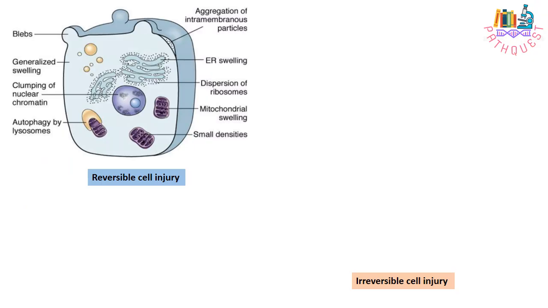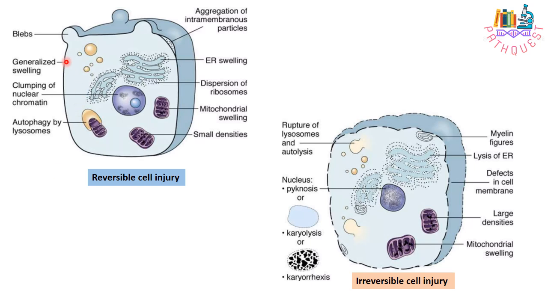Let's see what are the ultrastructural changes seen in reversible cell injury. So in reversible cell injury, there are changes that occur in the cytoplasmic membrane. These include cytoplasmic bleb formation, whereas in irreversible cell injury, there is severe damage and defects in the cell membrane.